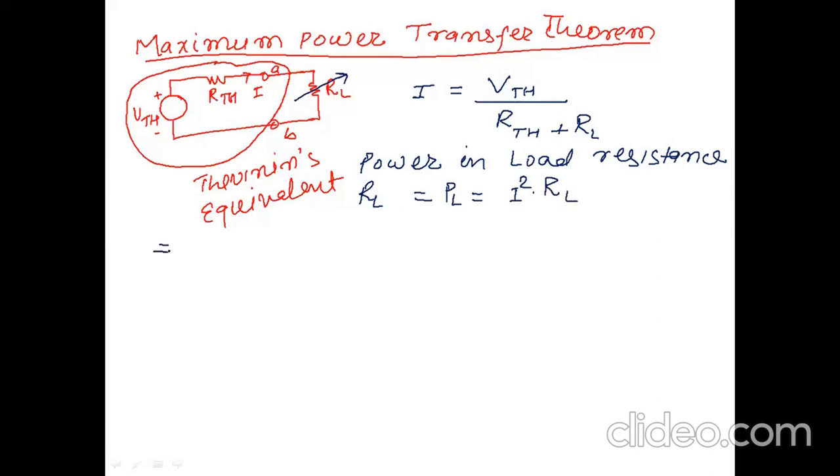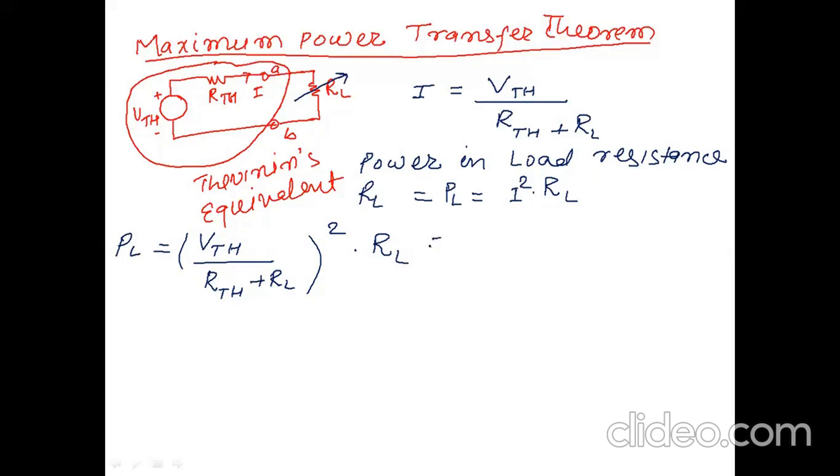So what is our I? Putting this value of I here, it is VTH over RTH plus RL, whole square, multiplied by the load resistance RL. This is our PL.